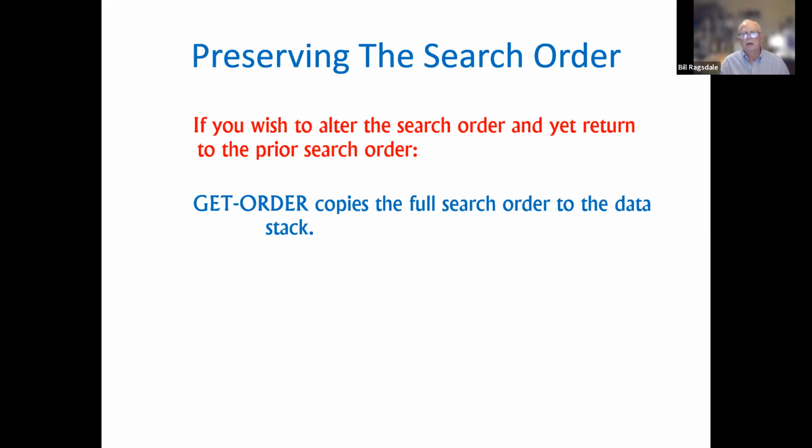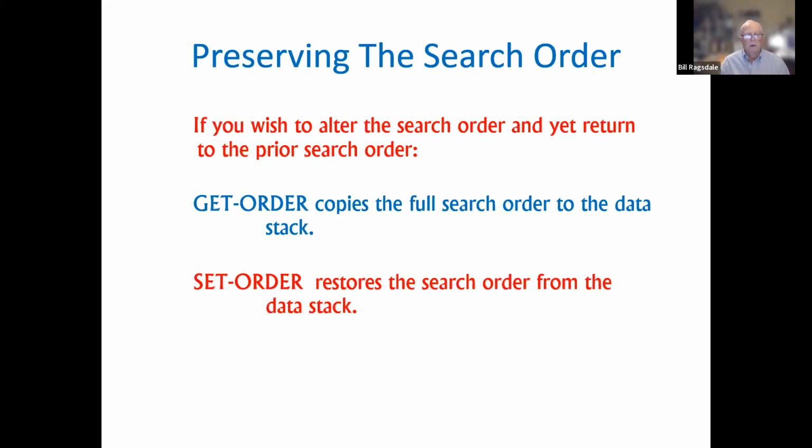It could be 3 or 4 or 5 vocabularies, but that image of the context vocabulary is copied to the stack. You then can make some changes, additions, changes to the search order, and at the end of that sequence, if you execute set order, the context area will be restored as it was at the beginning. So this is a very helpful way in which to use previous. You can get the order, make some changes. When you're all done, go to set order, changes are restored.